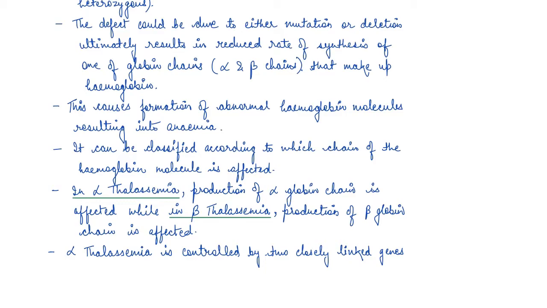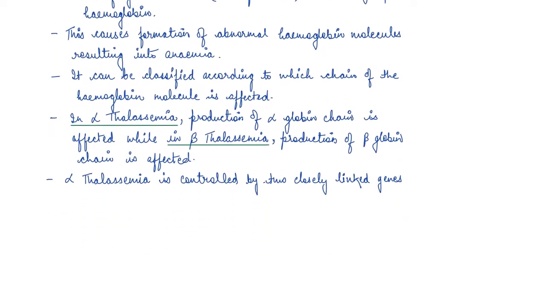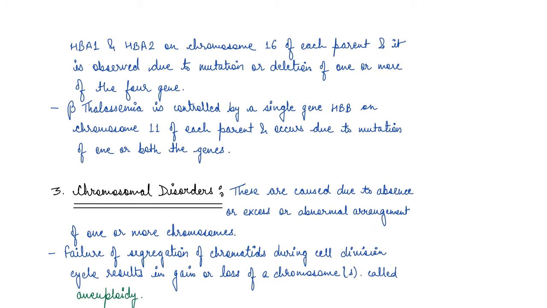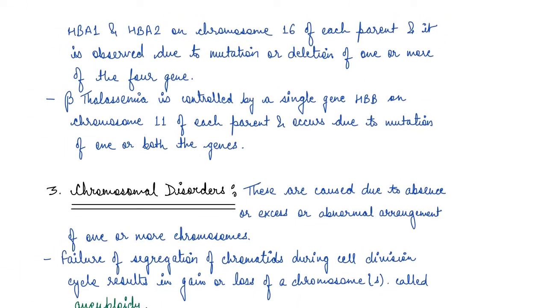Now, in case of alpha thalassemia, it is controlled by two closely linked genes, which are HbA1 and HbA2 on chromosome 16 of each parent. Remember that alpha thalassemia is observed due to mutation or deletion of one or more of the four genes.